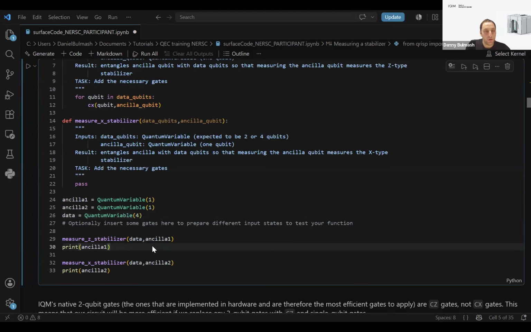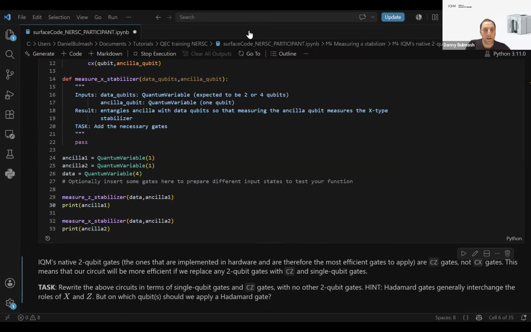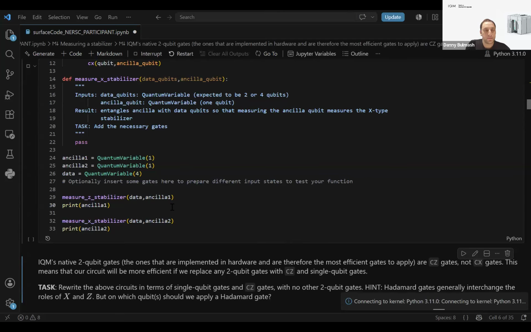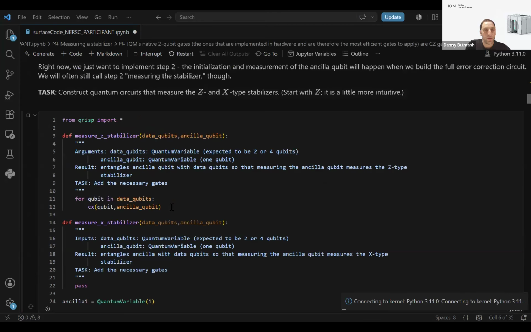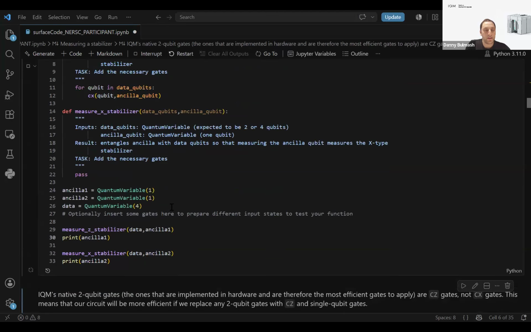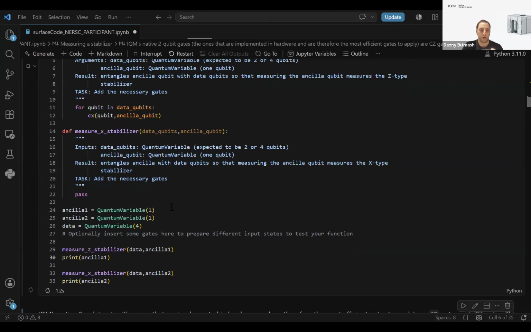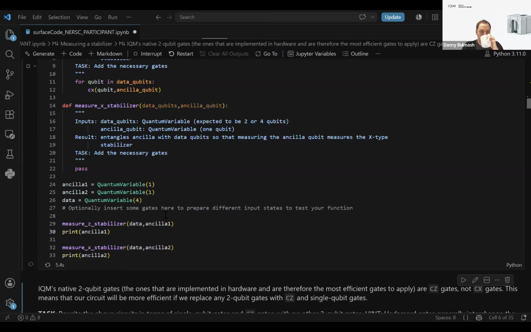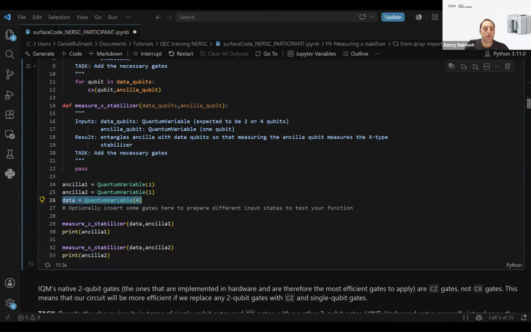For example, oops, let me run that kernel. It's going to take a minute to do the imports from CRISP. So I make some data qubits, and I make an ancilla qubit, and I'm going to measure my Z stabilizer.